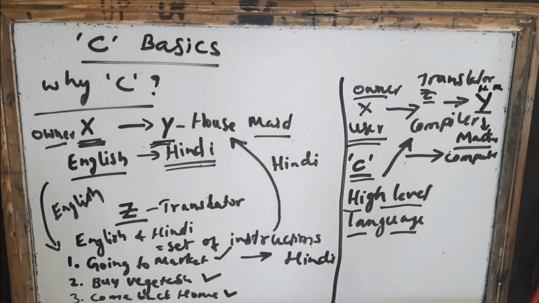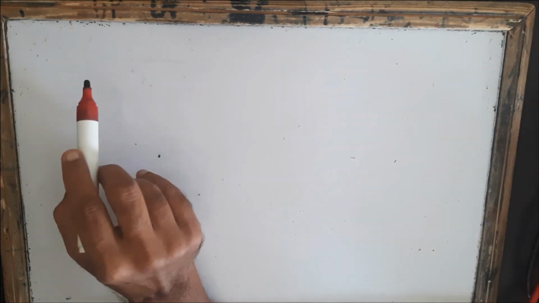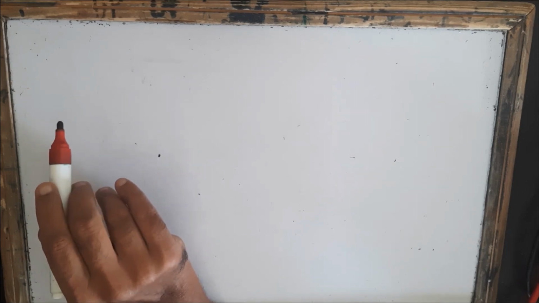Now we take a real-time example of how this works, how this C instruction can be written so that the machine gets the work done.